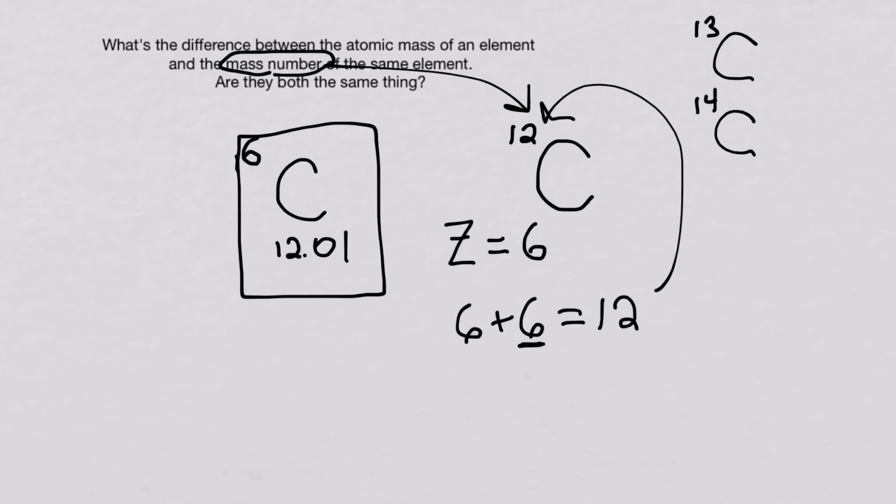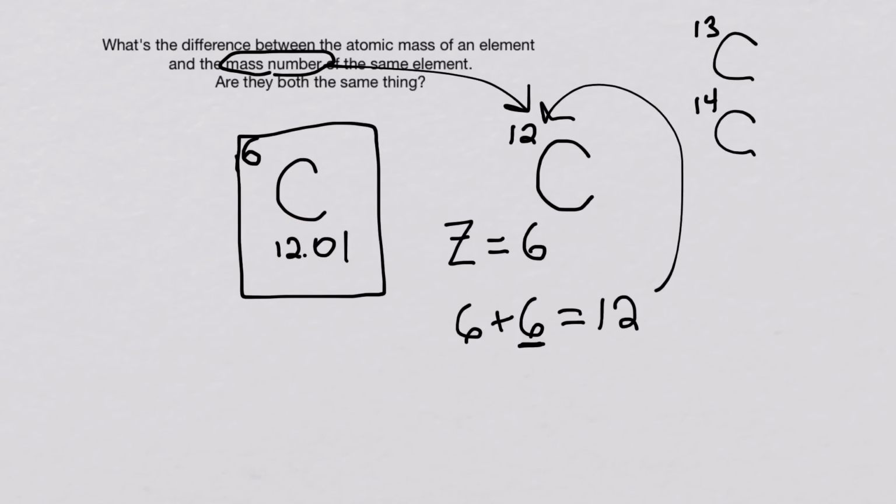How you get the number that's illustrated on a periodic table is simply the average of the mass of all these things weighted against how frequently you find them in nature. So the average sample of carbon has a mass of about 12.01 atomic mass units, or grams per mole.